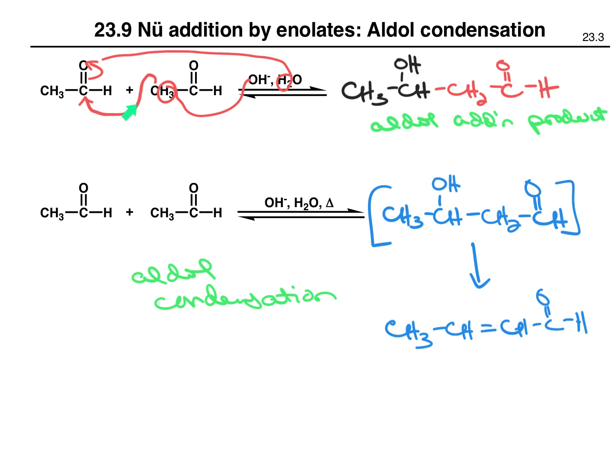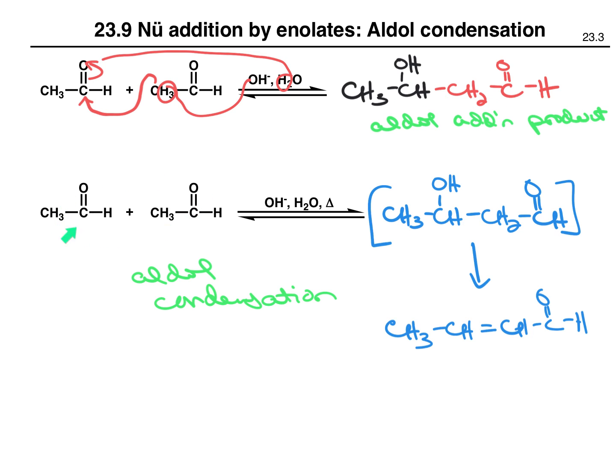So whenever we have an aldehyde that can form an enolate, when it's treated with base but mild conditions, so room temperature or maybe even cold, then this will undergo the aldol addition so that you can isolate the aldol product.